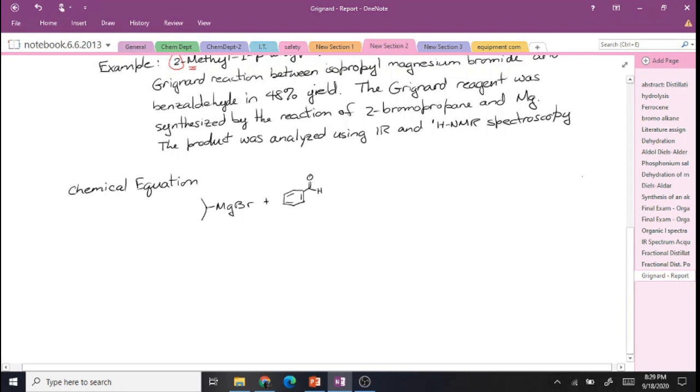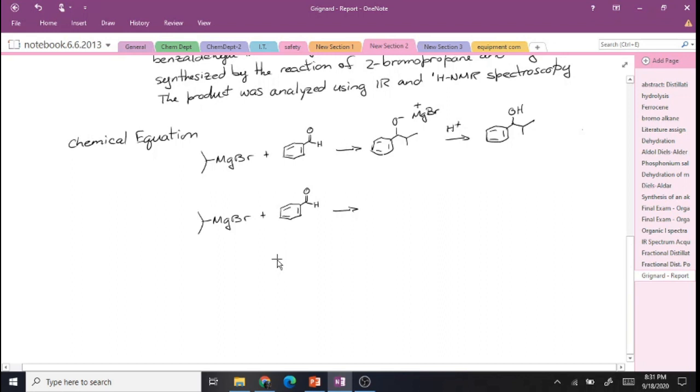Technically, this is two separate reactions. You initially get the alkoxide, this ion pair, and you only get the alcohol after you acidify. So when you are writing the reaction, you can do it this way, or you can write this as 2 steps over your arrow.